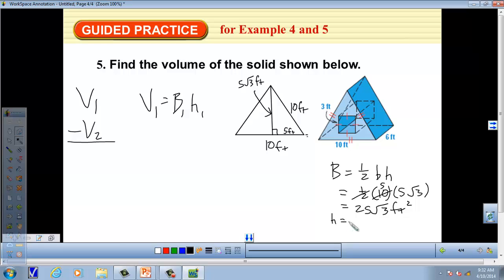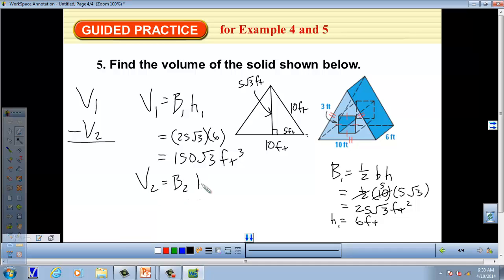Our height ends up being, and this is base 1 and height 1, height is the distance between the bases, so it's not straight up and down. It's the distance between the bases. It's 6 feet. Okay? So in this case, it would be 25 root 3 times 6, and that is 150 root 3 cubic feet.